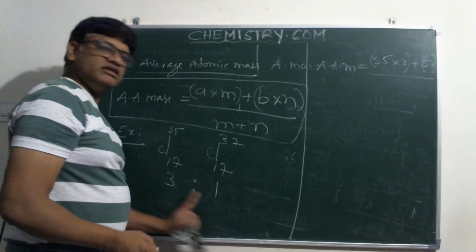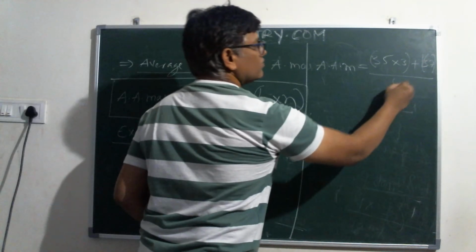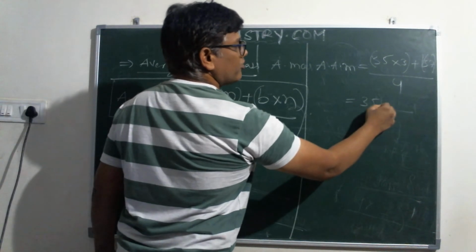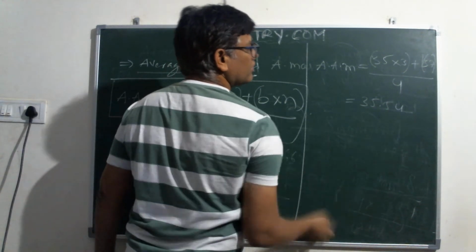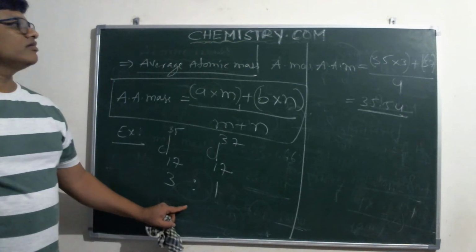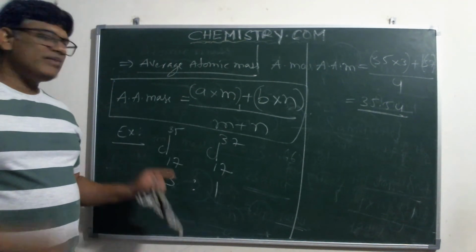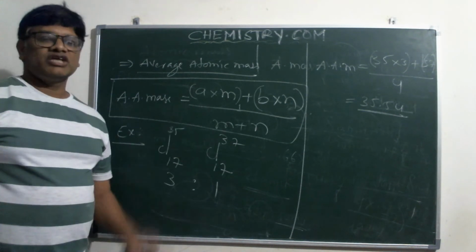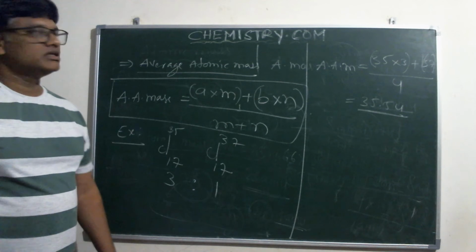The abundance ratio here is 3 plus 1, which is 4. On calculation you get 35.5 units or AMU. So this is the average atomic mass of chlorine, based on the abundances of these isotopic forms of chlorine in nature.